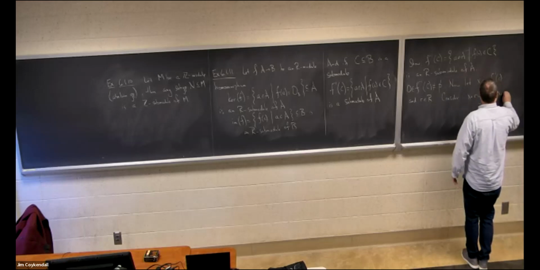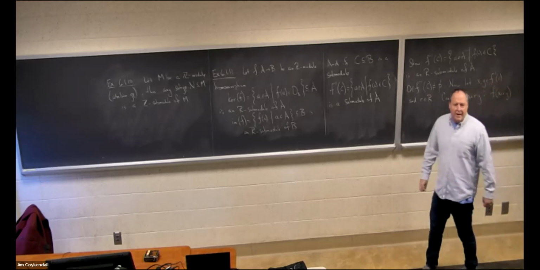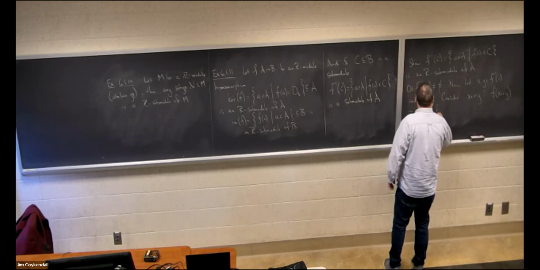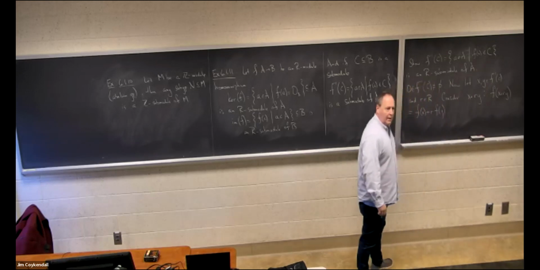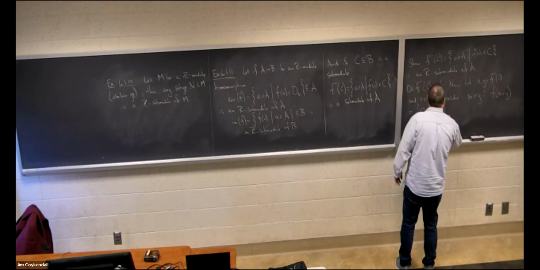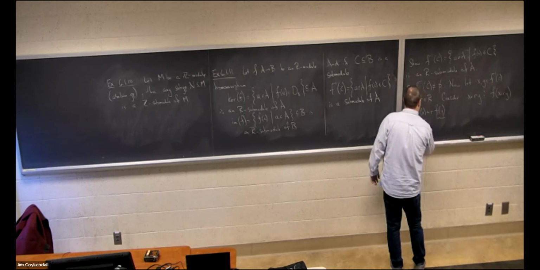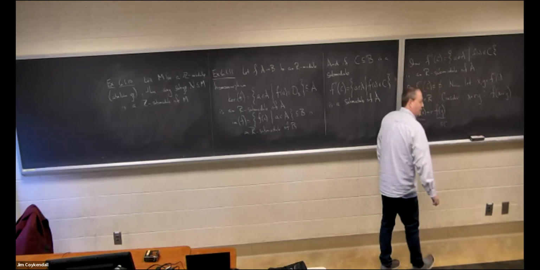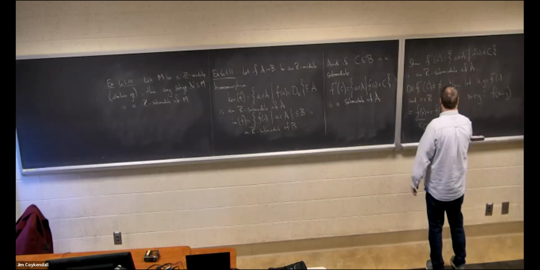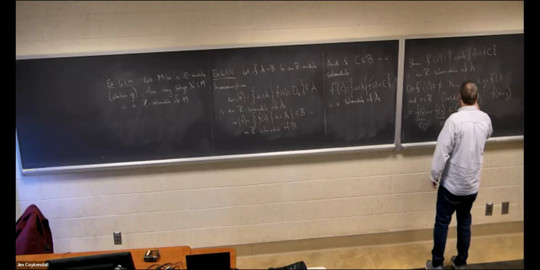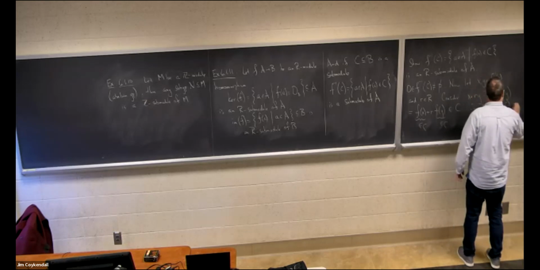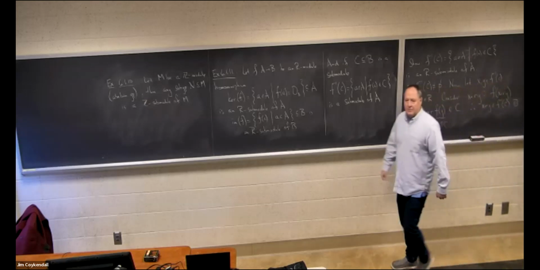F of X plus RY. Well, because F is an R-module homomorphism, this is the same thing as F of X plus R times F of Y. And because X and Y are in F inverse C, this is in C and this is in C. And since C is an R-submodule of B, this whole thing is in C. Therefore, X plus RY is in F inverse C, and we're done. It's a submodule.